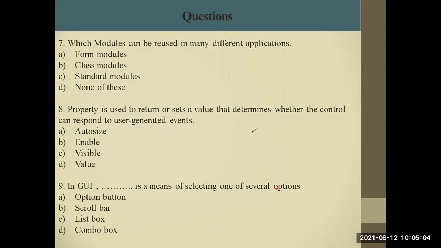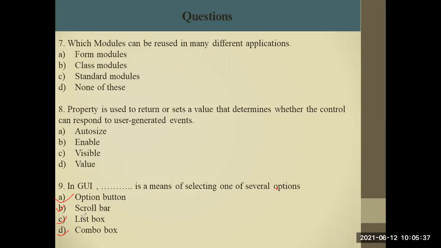Which of these controls will be useful for selecting one or more options? Whether it will be a combo box, list box, scroll bar, or option button, which of these will let you select more than one option? What is the correct answer for this one? Yes, anyone?